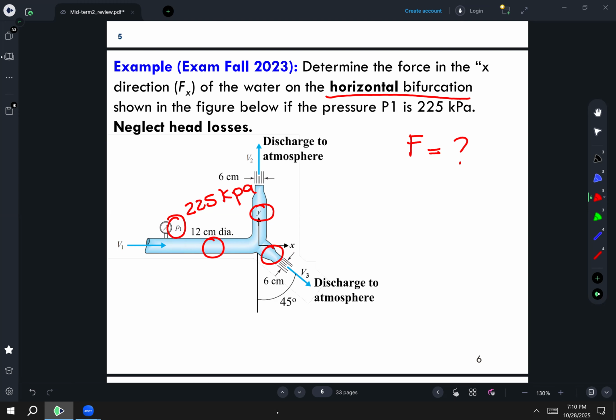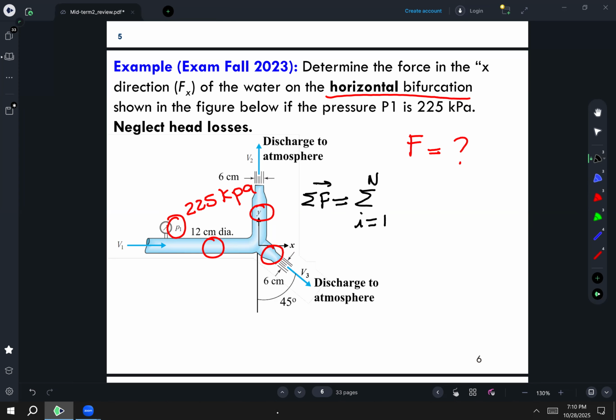So whenever we have a problem of forces, we have to apply the momentum equation. Here we have three pipes, so we have to apply the general equation of the momentum for steady flows. And the general equation of momentum for steady flows is sum of forces is equal to the sum of elements 1 to n.